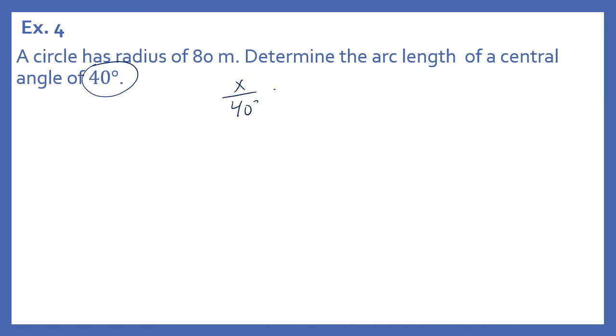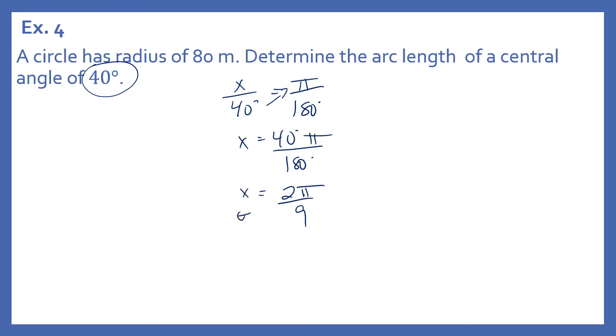Set up a ratio, x over 40 equals pi over 180. Cross multiply. X equals 40 pi over 180. Reduce that fraction, you get 2 pi over 9. So now we know that theta is 2 pi over 9.